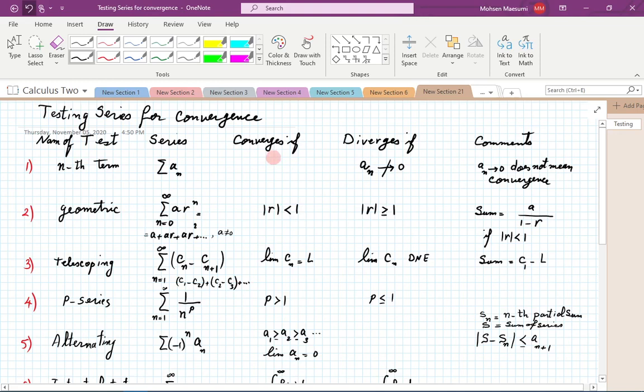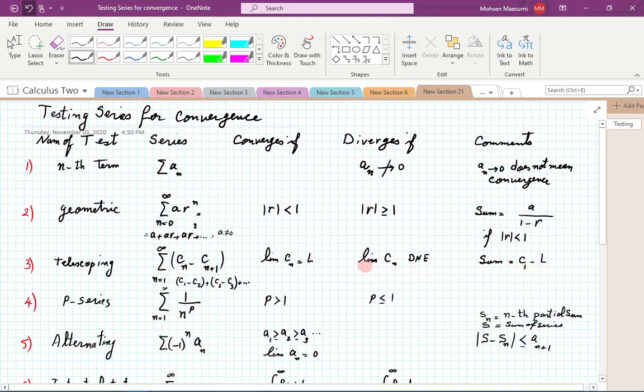Such a series is going to converge if Cn converges to a certain number, and in that case the sum is the very first one, C1, minus this limit.